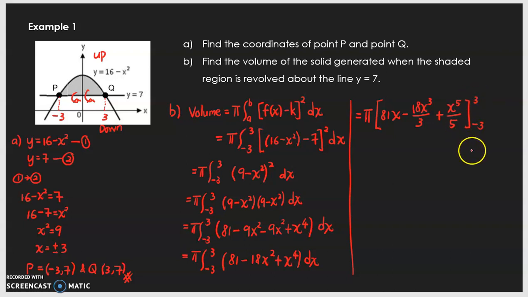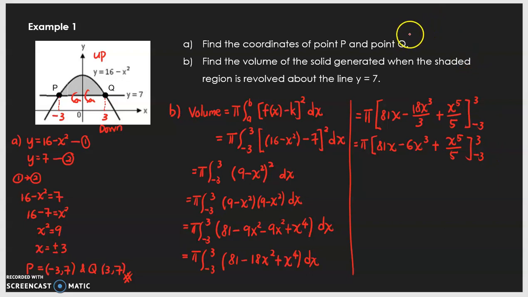I try to simplify 18 divided by 3. So this can be simplified. So here is 81x minus 6x cubed plus x power 5 over 5 from negative 3 to positive 3.